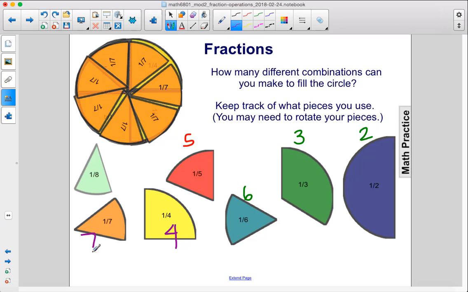It took 7 of those. And finally, we have 1/8.